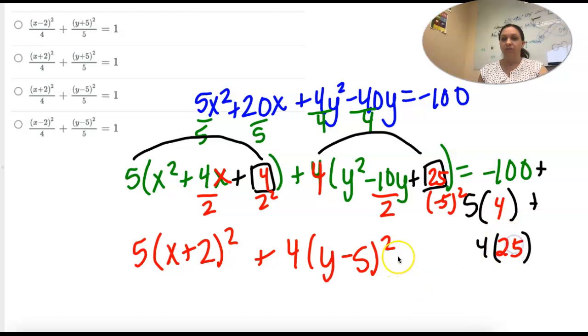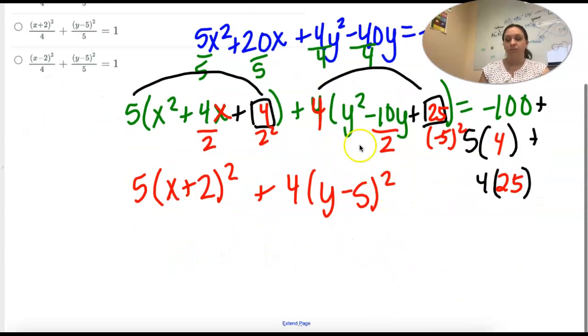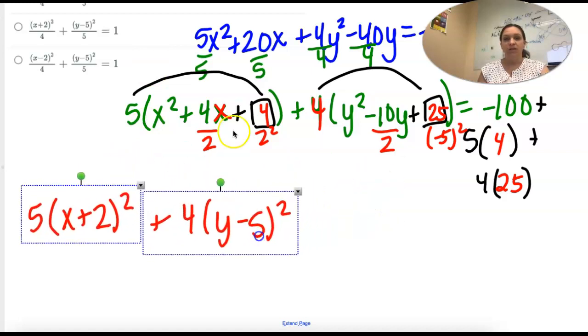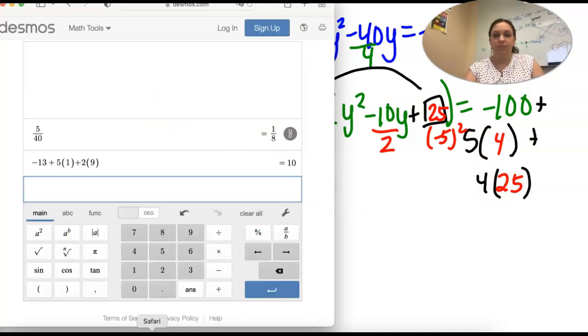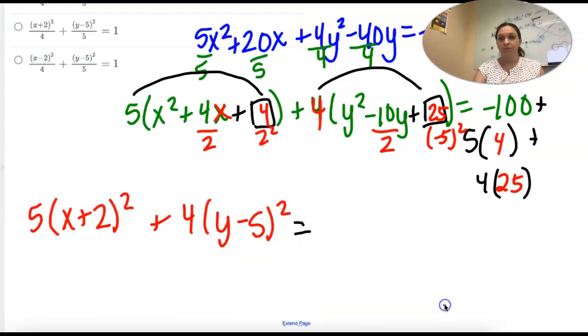That's what goes there. So our equation is this equals, and then whatever this is, -100 plus 5 times 4 plus 4 times 25, which is 20.